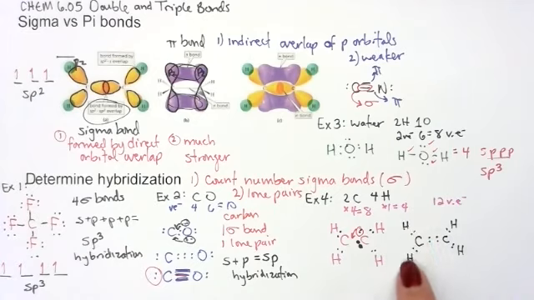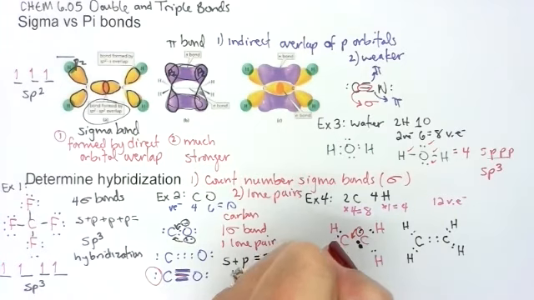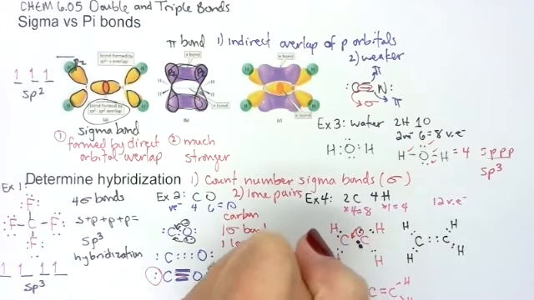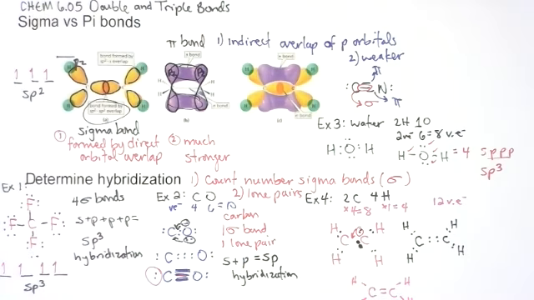Every hydrogen has 2. This carbon has 2, 4, 6, 8. This carbon has 2, 4, 6, 8. So when I redraw the structure, it's going to look like this.